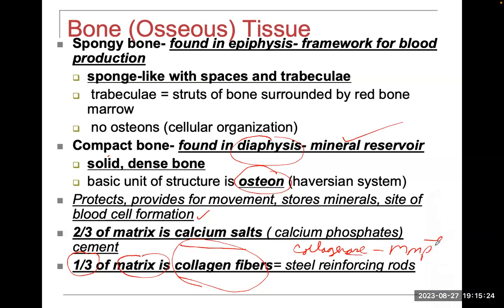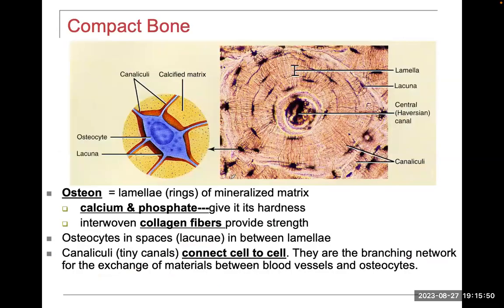The MMPs are matrix metalloproteinases. Those are collagenases or proteinases. So when you're chronically inflamed and you have MMPs in circulation, collagenases or MMPs go after collagen so it can break down one-third of bone. And when you break down bone, that's osteopenia or osteoporosis. So keep that in mind.